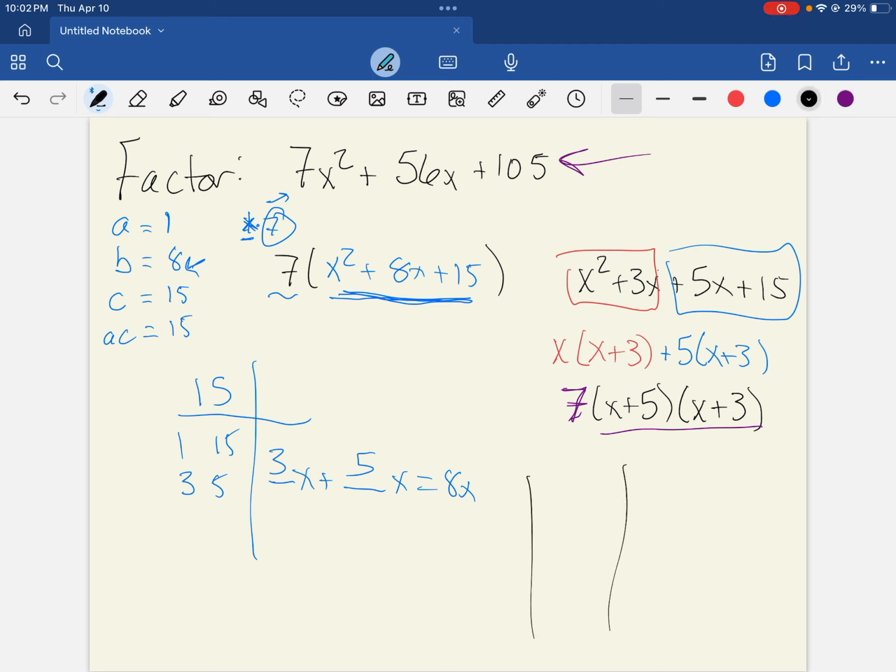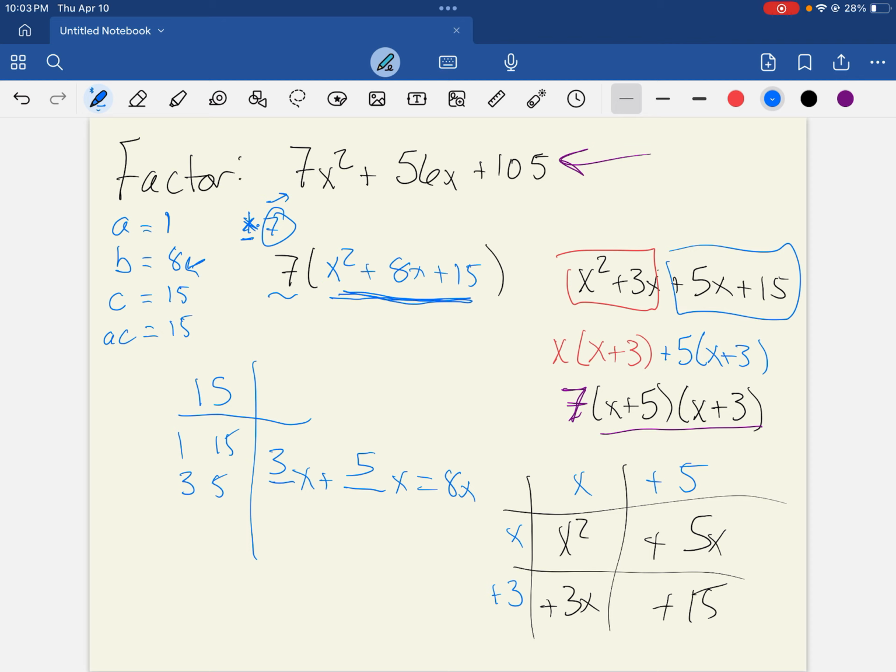Now, what does this look like for the tic-tac-toe method? Right, there's how I would get my x plus 3 and x plus 5.